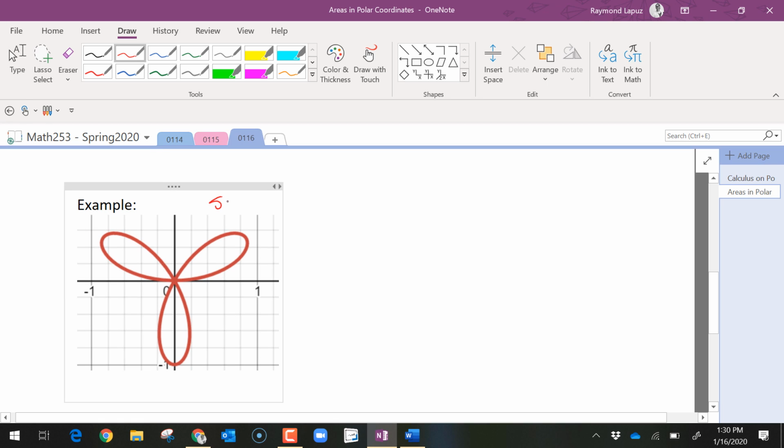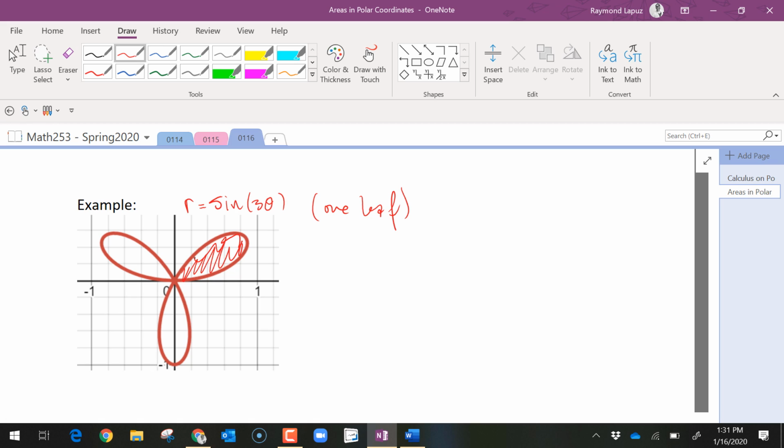So let's say we wanted to find r is equal to sine 3 theta, one leaf. I don't know if they call it leaf or petal, but let's just say we want to know that. What is going to be our issue when we're trying to solve for this?